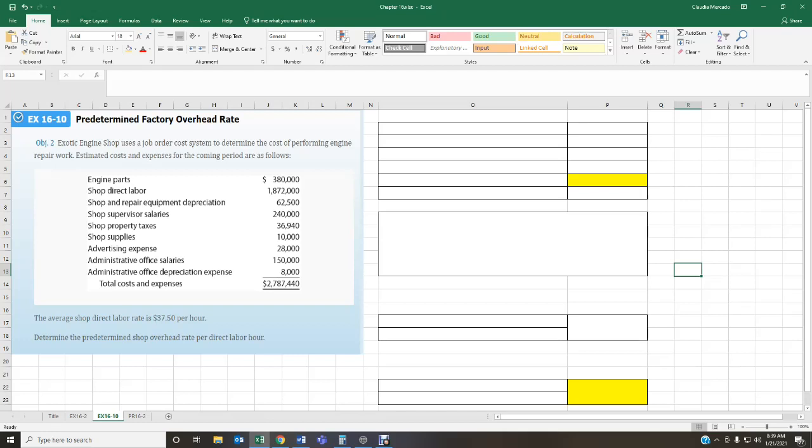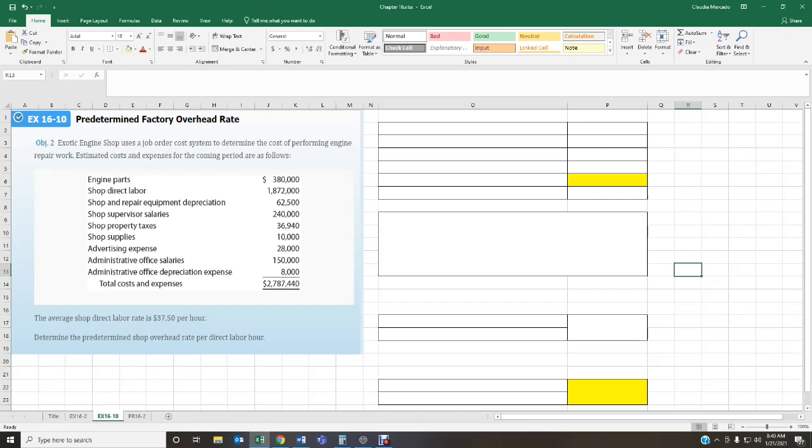This comes from salaries of production supervisors and the wages of other employees such as janitors. Indirect labor is any labor needed to make a product, but that is not directly traced to the product. So if it's not actual people working on the product, manufacturing the product, then it's not direct to the product. If we have a supervisor that's just overseeing the production, then that's indirect labor. So that also falls under factory overhead.